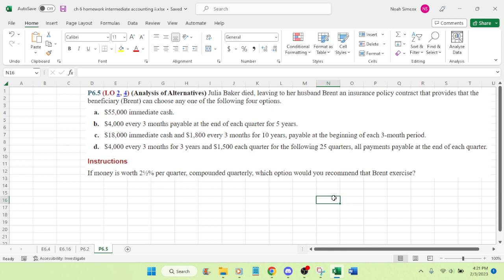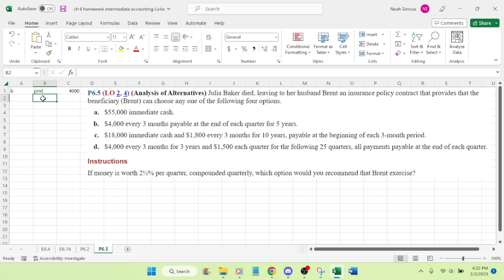So we need to figure out the present value of every single alternative. So we get a payment of $4,000 every 3 months.